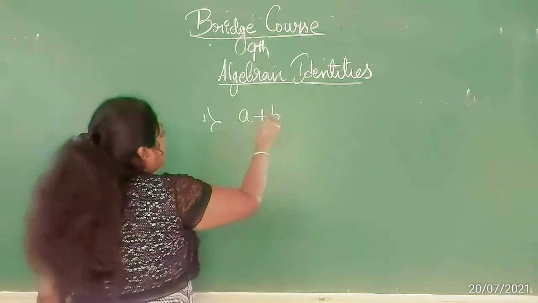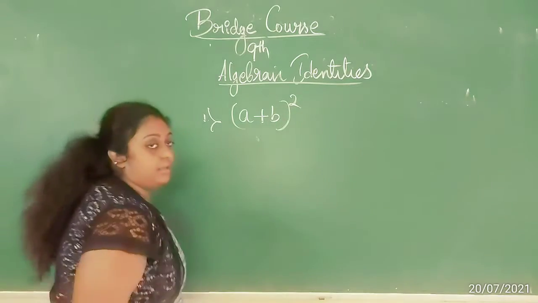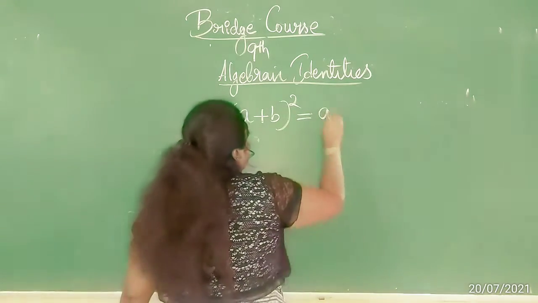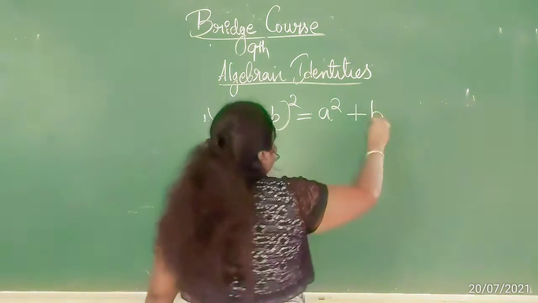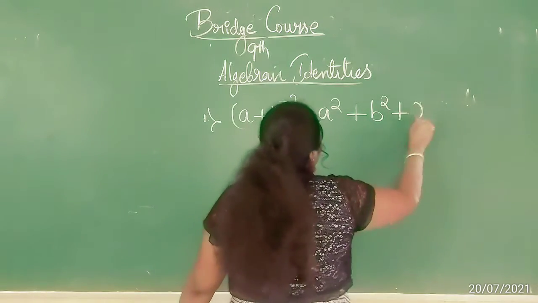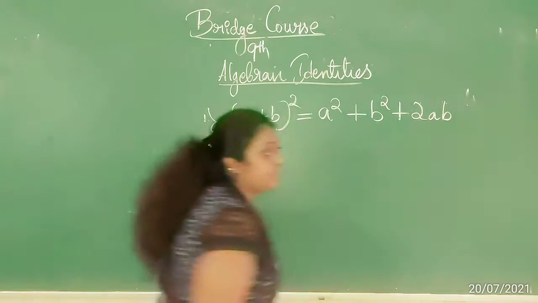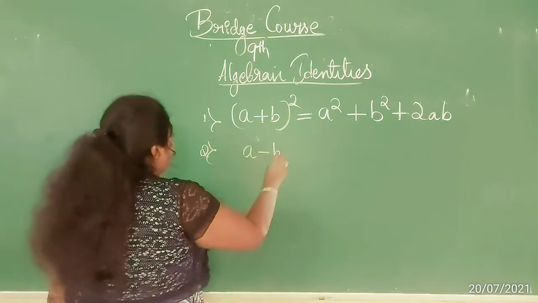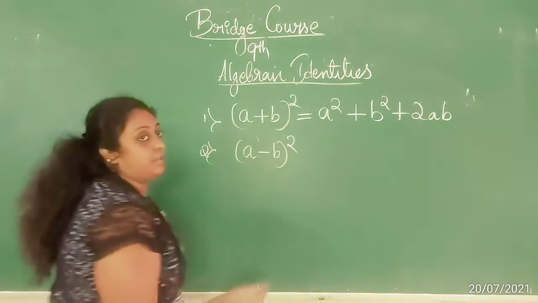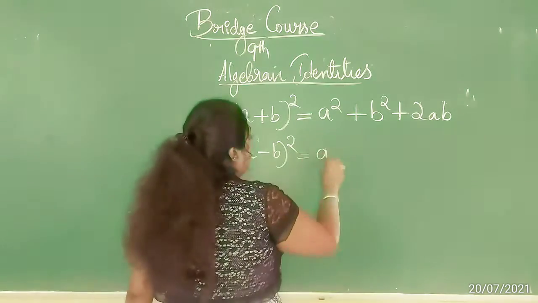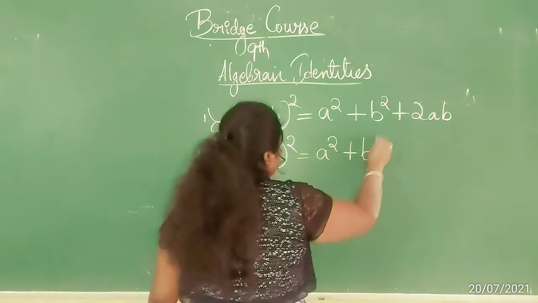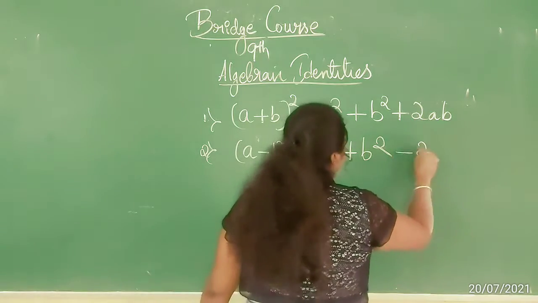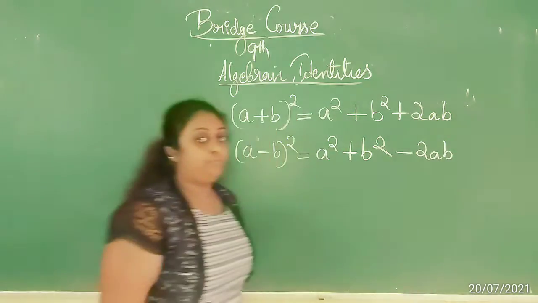So first one under that. (A + B) the whole square. So what is the formula here? A square plus B square plus 2AB. Now second one is (A - B) the whole square. So it is again A square plus B square minus 2AB.